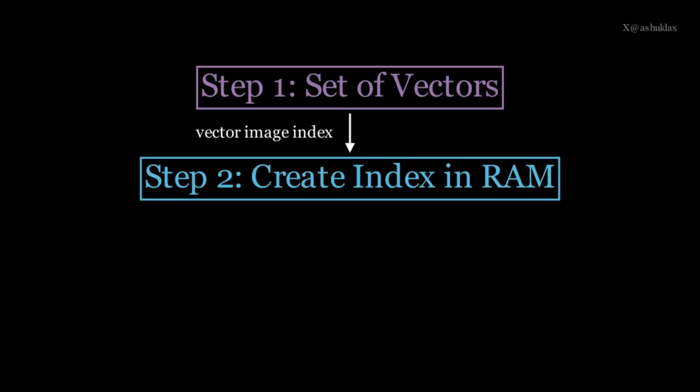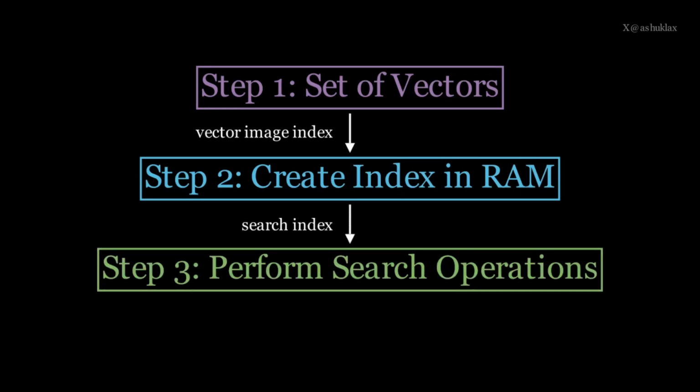It creates a data structure, called an index, in RAM. This index helps organize the vectors in a way that makes searching through them much faster. Once the index is built, it efficiently performs search operations. This means it can quickly look through the indexed vectors to find the ones that are most similar to a given query vector.